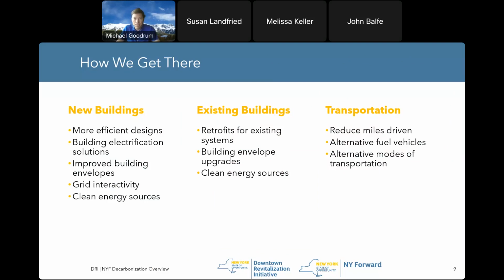Existing buildings, obviously retrofitting them to be more efficient and to include clean energy sources or even electrification. Transportation projects, some of the projects here are reducing vehicle miles driven, providing charging for EVs. Other alternative fuels or modes of transportation can also have impacts.